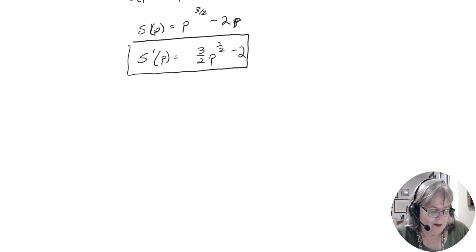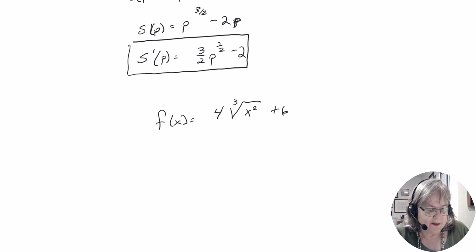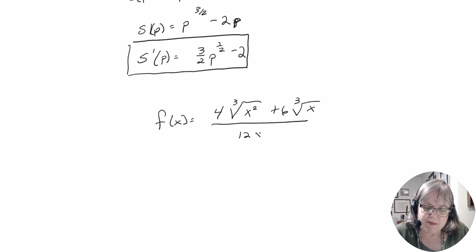Okay. Now, let's try another one. Here's f of x equals 4 cubed root of x squared plus 6 cubed root of x, over 12 cubed root of x squared.